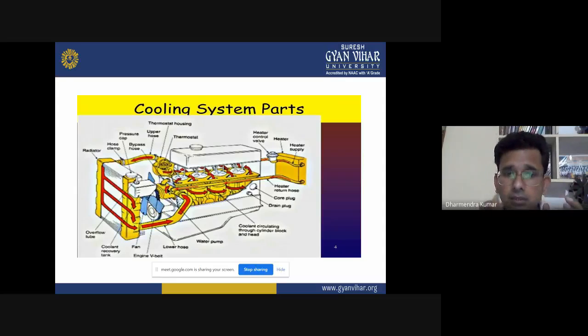This shaft is connected to the crankshaft, and the water pump is associated with the crankshaft and runs according to the crankshaft. And thermostat housing. These are the various auxiliary components which we use in the water cooling system.